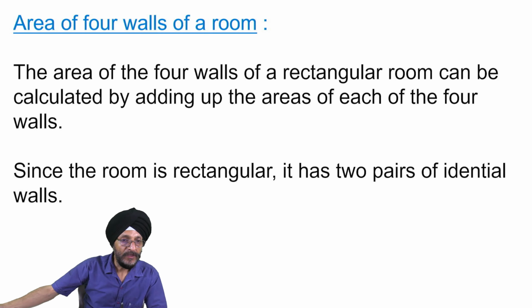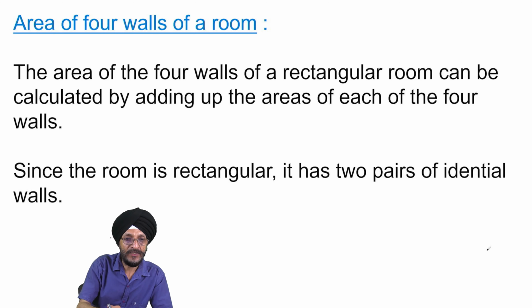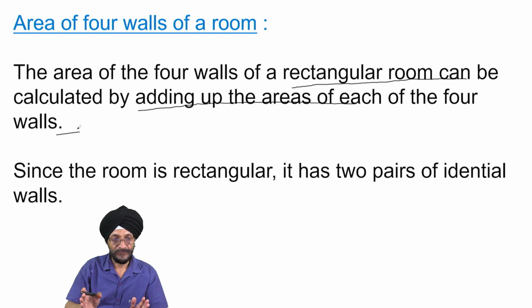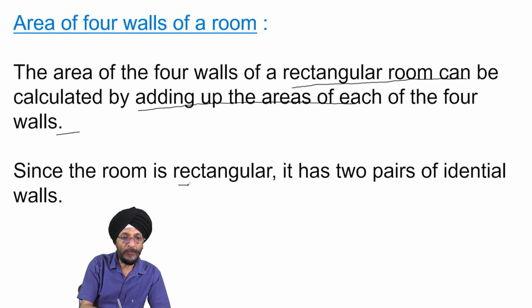So the area of the four walls of a rectangular room can be calculated by adding up the areas of each of the four walls. Since the room is rectangular, it has two pairs of identical walls.